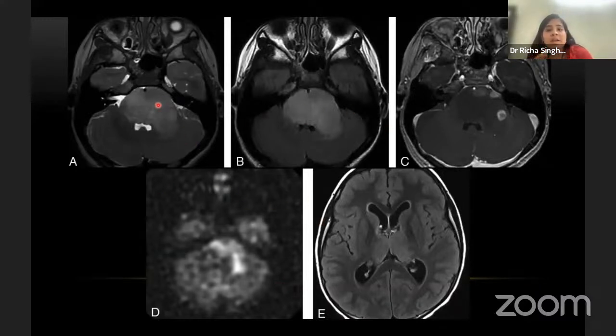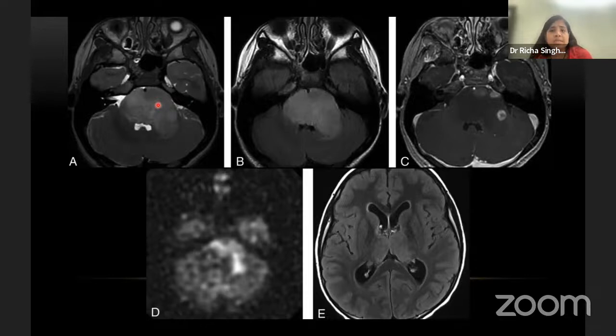The diffuse midline gliomas can involve any structure of the midline starting from the corpus callosum. So the corpus callosum can be involved, thalami can be involved, the brainstem can be involved, the cerebellar peduncles can be involved, even the vermis and the spinal cord can be involved.